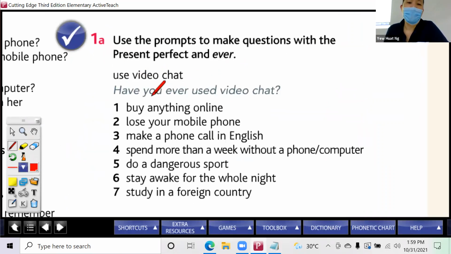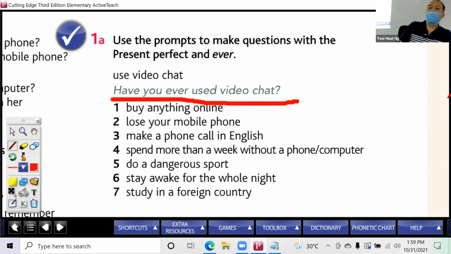Use video chat. Have you ever used video chat? So in Chinese, Jiahe, explain to me. What is this in Chinese? Have you ever used video chat? Give me the Chinese. Is this correct? My Chinese is 在你一生中你有没有用过 video chat?